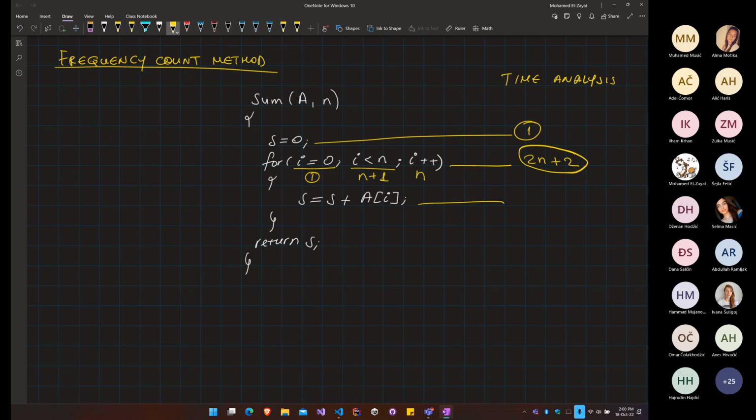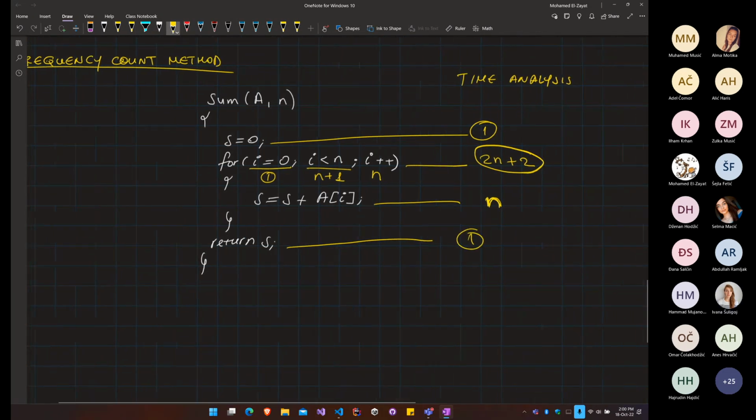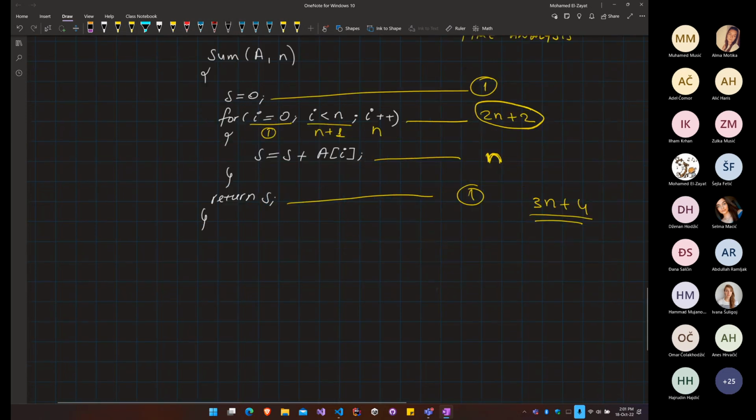It executes exactly n times, not 1, but n times. How many times does this execute? Only once, exactly. So if I sum all this up, how much do I have right now? 3n plus 4, right? If I sum all these up, hopefully I didn't miss anybody.